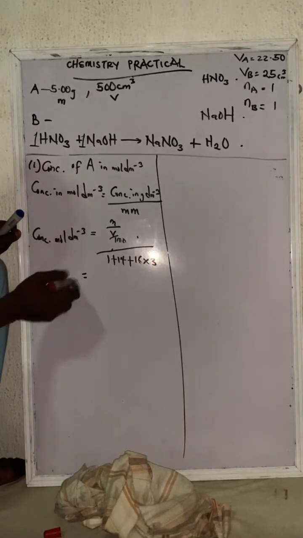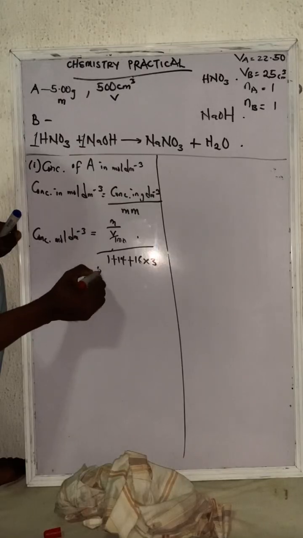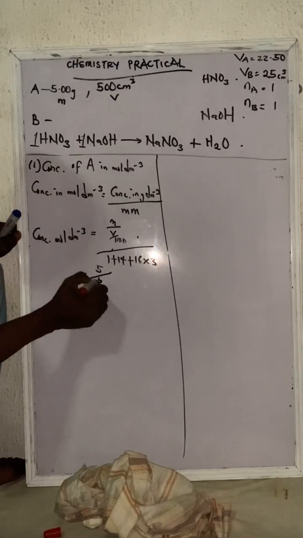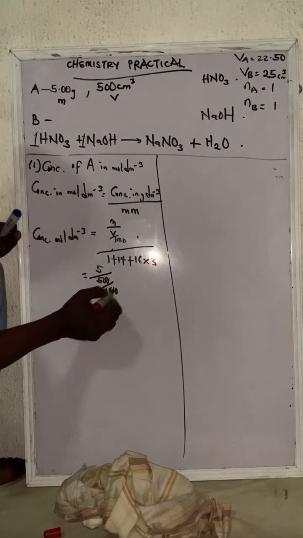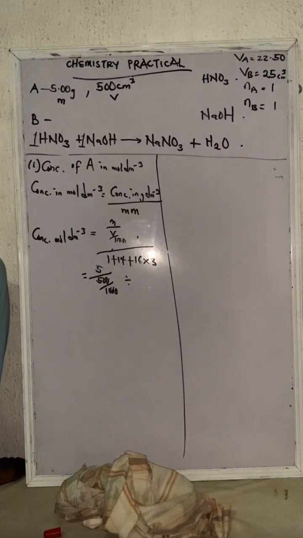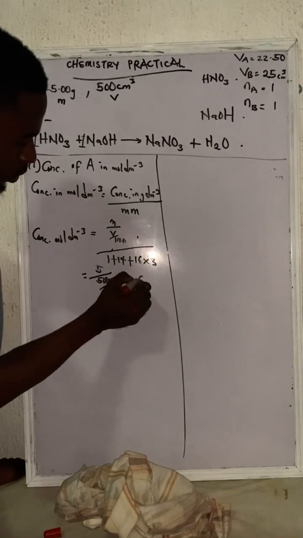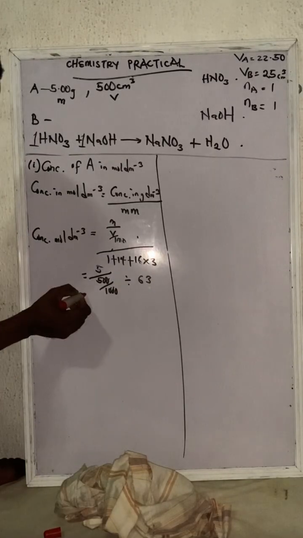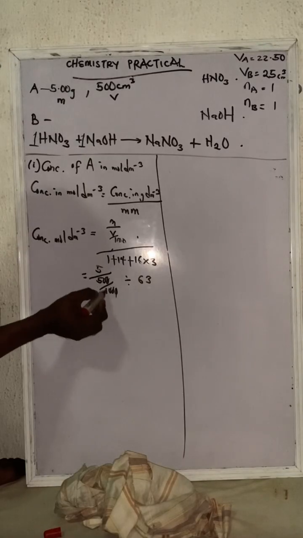So this concentration in mole per dm cube equals, what's the mass? They give us 5. So 5 divided by 500, which is divided by 1000. Then all this is divided by 1 plus 14, that's 15, then 16 times 3. Then the molar mass is going to be 63. So everything here is 63. We do the calculation here. So 0 cancels 0, 0 cancels 0.